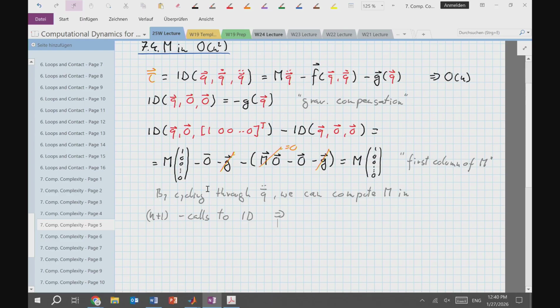The exact number doesn't matter, but I just realized that this one will give you the same result. So you have to just call this once, and then you do this n times, so you have n plus 1 calls to ID. But none of this matters because we're just interested in the scaling, and the scaling is n calls to an order n algorithm. So we can compute m in order n square.